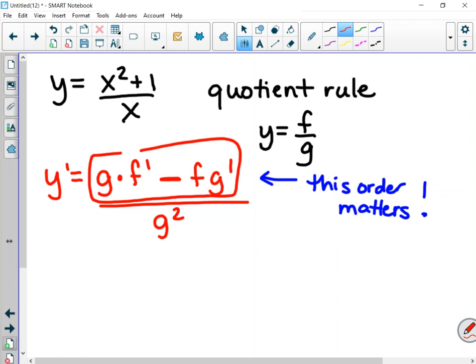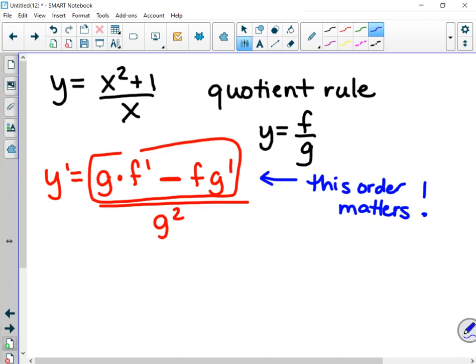If you know g f prime, f g prime, and make up a sentence or something to help you remember which ones are primes, however you need to do it. If you have that basic order, the subtraction sign and g squared in the denominator, and you've got quotient rule.